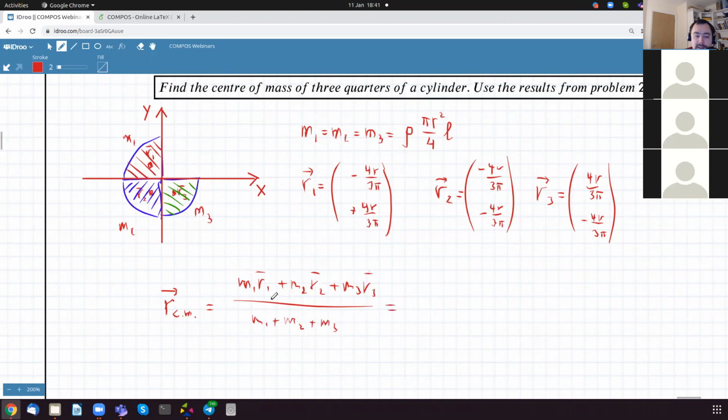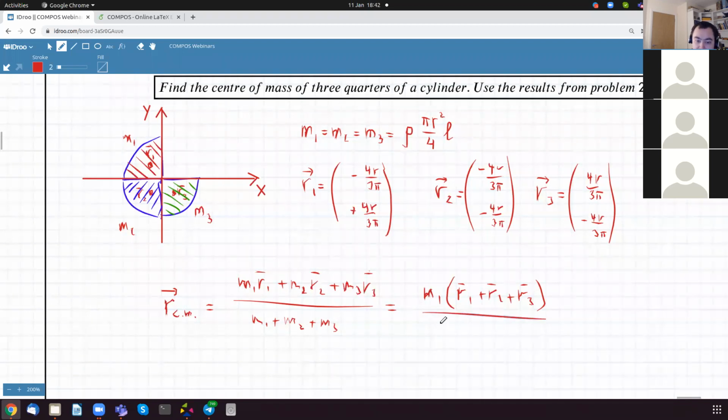Now, because M1, M2, and M3 are equal, we can take it out. So we get M1 times R1 plus R2 plus R3 using the distributive property of multiplication. Because M1, M2, and M3 are the same, we can say that M2 is M1, M3 is M1, and take M1 out.